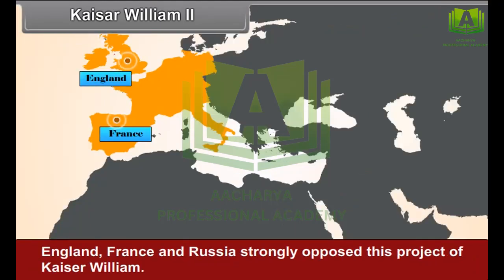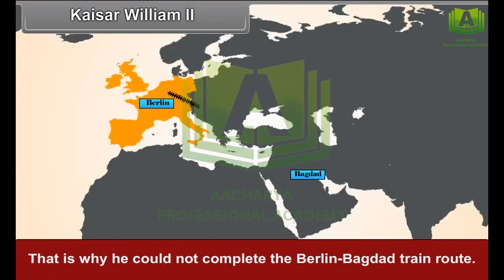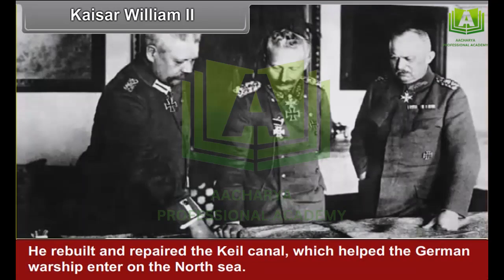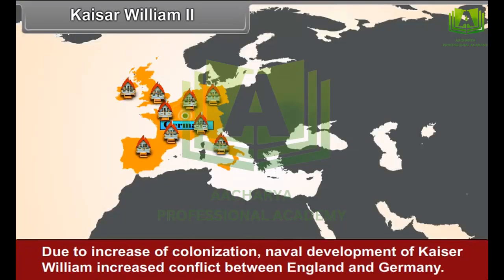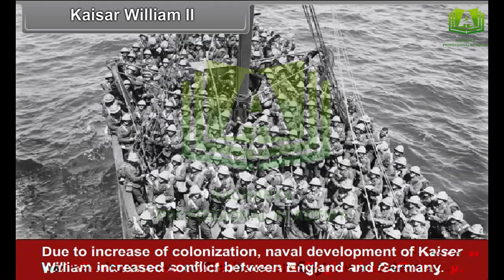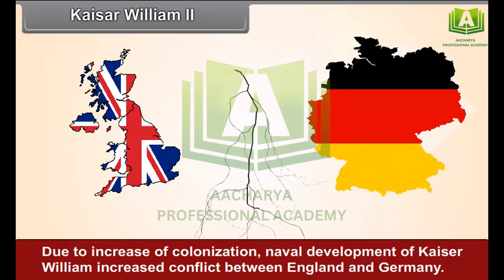England, France and Russia strongly opposed this project of Kaiser William. That is why he could not complete the Berlin-Baghdad railway route. He rebuilt and repaired the Kiel Canal, which helped German warships enter the North Sea. Due to the increase in colonization, the naval development of Kaiser William increased conflict between England and Germany.